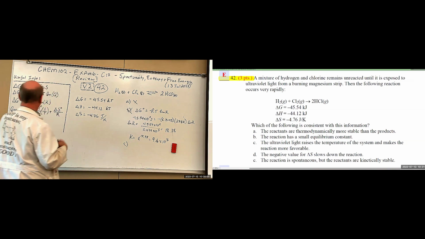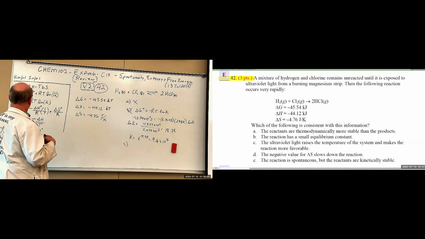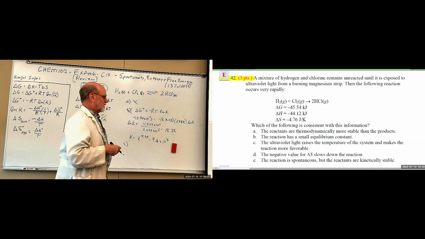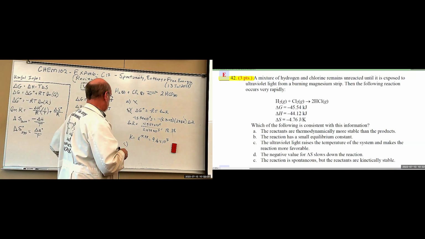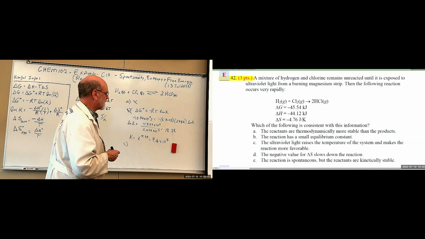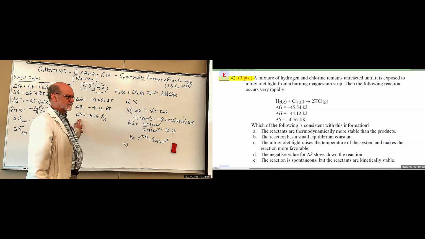Right? Yeah, I guess you could argue this one. But that's not the best answer. It's possible. The negative value of delta S slows down the reaction. What's wrong with that question?